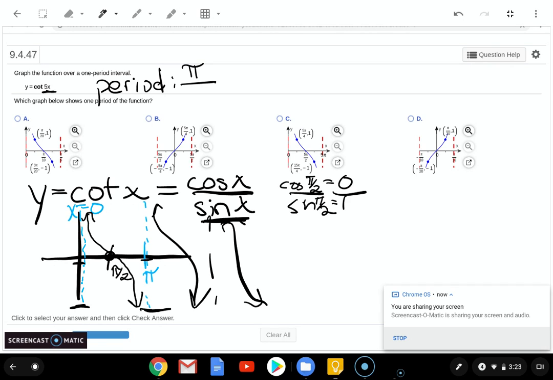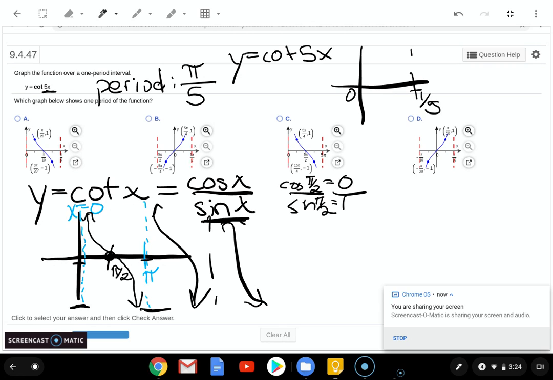Then the fact that we have cotangent of 5x, we should divide that period for the standard cotangent graph by 5. So the period is going to be pi over 5, which means you get one complete cycle for the graph of y equals cotangent of 5x. X goes from 0 to pi over 5.